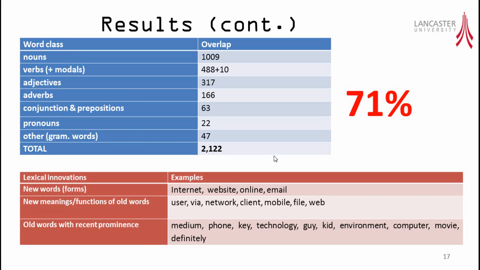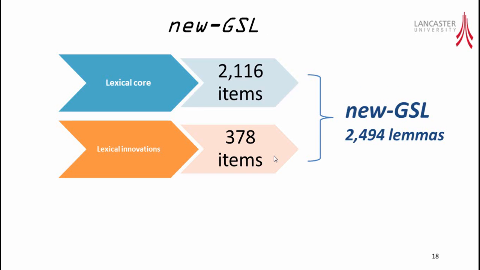When we put these two sources together, the lexical core and the lexical innovations, and you can see the exact number of items in each category, we created the new general service list, which consists of almost 2,500 lemmas. Lemmas were the units that we were working with, the head word plus all the inflectional morphological forms related to the head word.